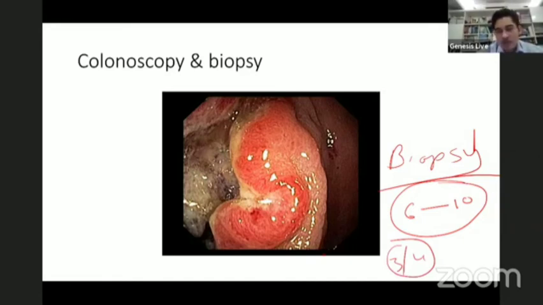Not saying that colonoscopy is a very difficult test, but why bother the patient with a second colonoscopy when you could have done that in one go? So I would prefer to take 6 to 10 biopsies. I very rarely had any problem with the biopsy. You take 6 to 10 biopsies and it will ideally give you a very good result.